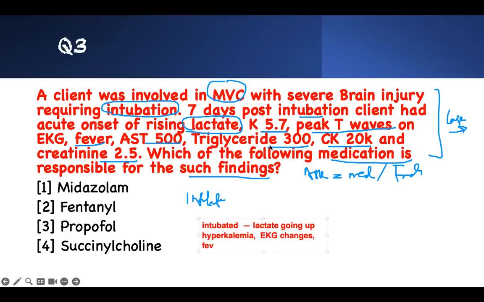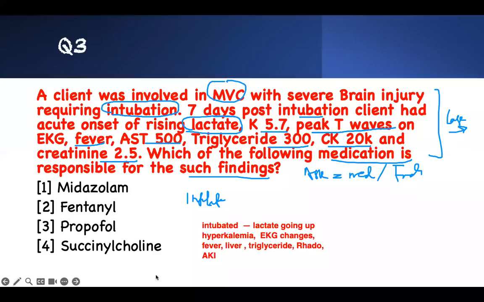I have fever. I have liver failure. Liver AST of 500 is going up. Triglyceride up, right? I have CK 20,000, greater than 2,000, 20,000. So that is like rhabdomyolysis. And the creatinine up, that's acute kidney failure.